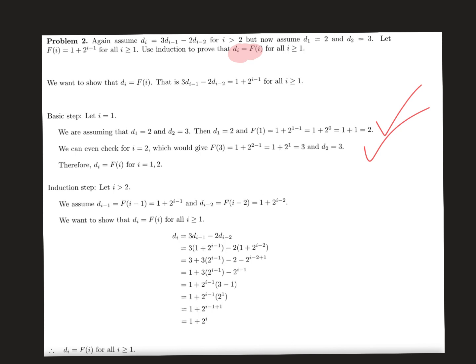Now we're going to use the induction step. So I is greater than 2, and we're going to use this to prove that these are equivalent for all I greater than or equal to 1.